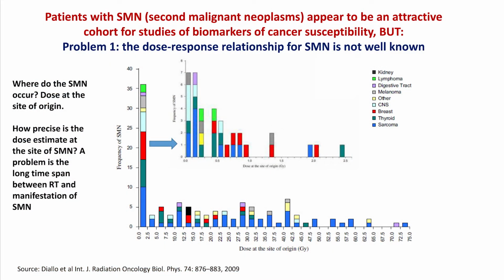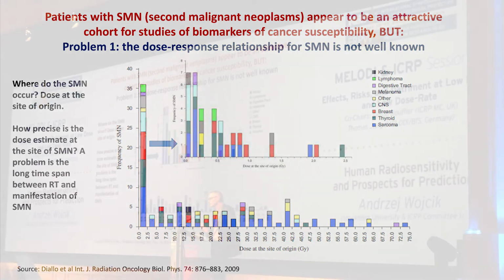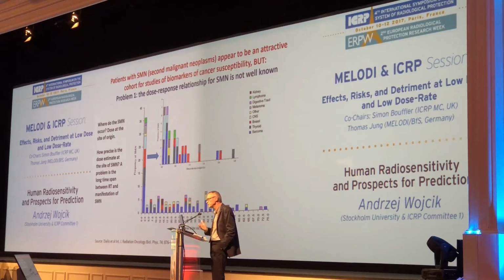There is a lot of interest in second malignant neoplasms, because we know that people, especially children, that were treated for cancer in childhood have a high risk of developing cancer. And then maybe they are particularly radiosusceptible. The problem is that we don't really know what the dose-response relationship for cancer induction is.